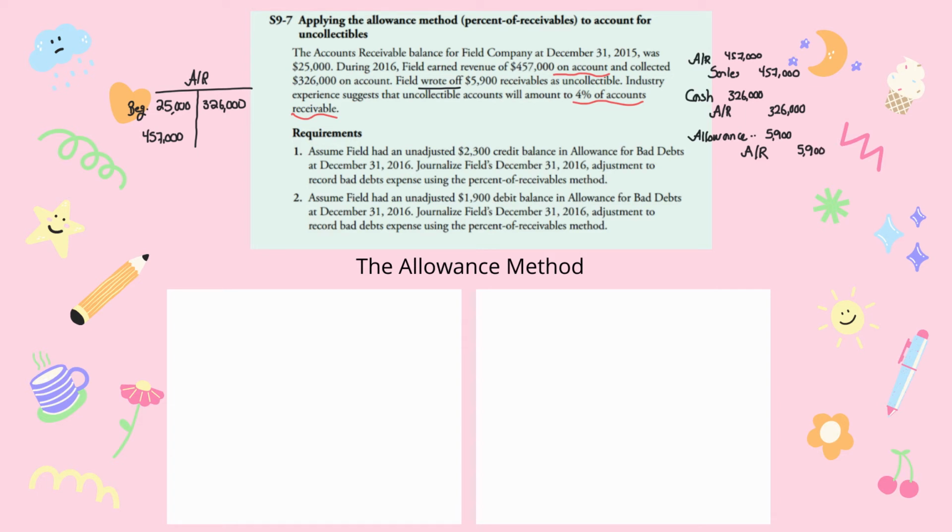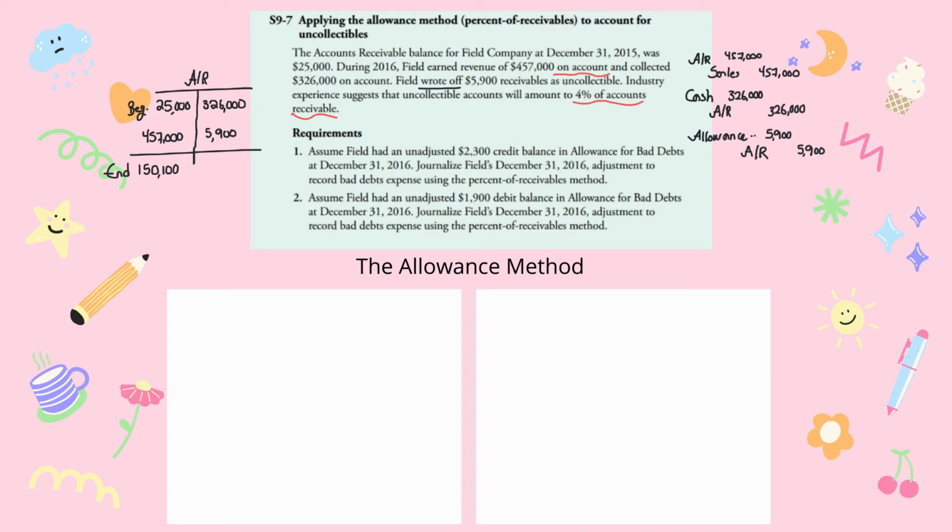So accounts receivable is 5,900 on the credit side. Now what's the ending balance for accounts receivable? I'm gonna add the debit side, then subtract the credit side. So I'm gonna have 150,100 in the debit. This is my ending balance for the accounts receivable.